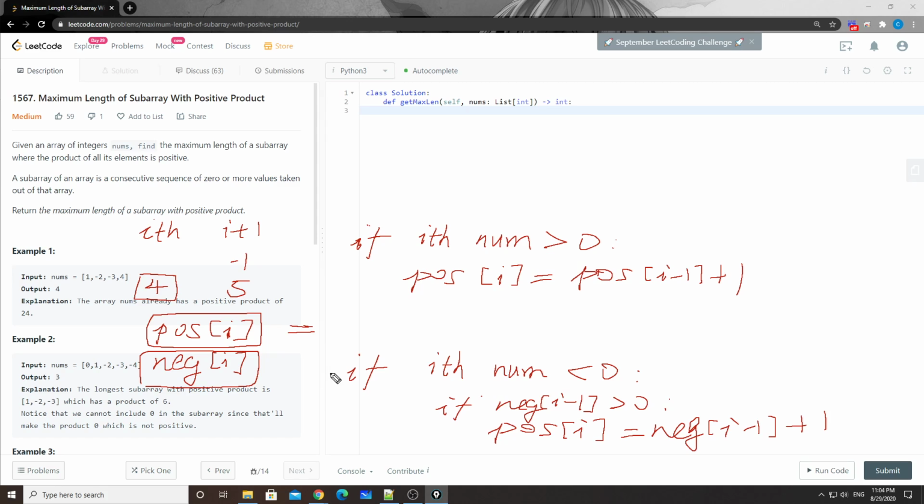Similar to the positive one, it's going to be a reverse thing, right? So first, if the current number is greater than 0, what's going to be the negative I here?